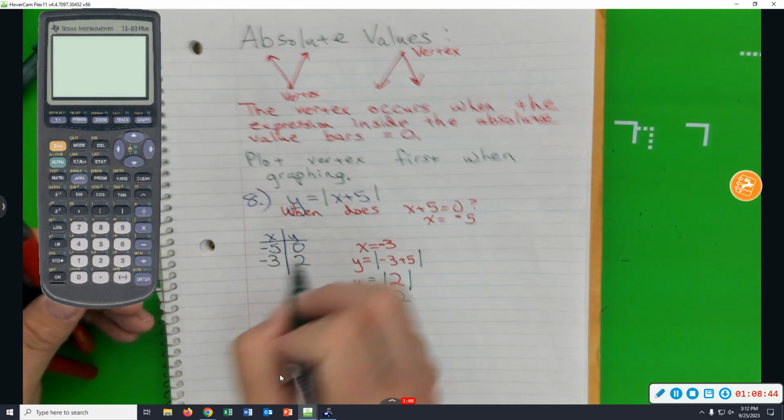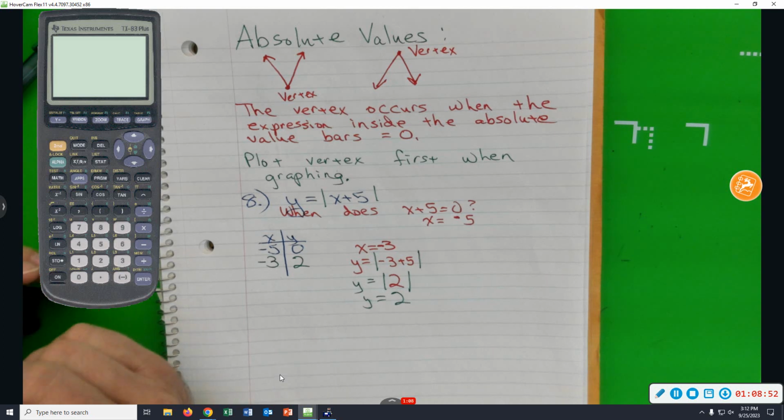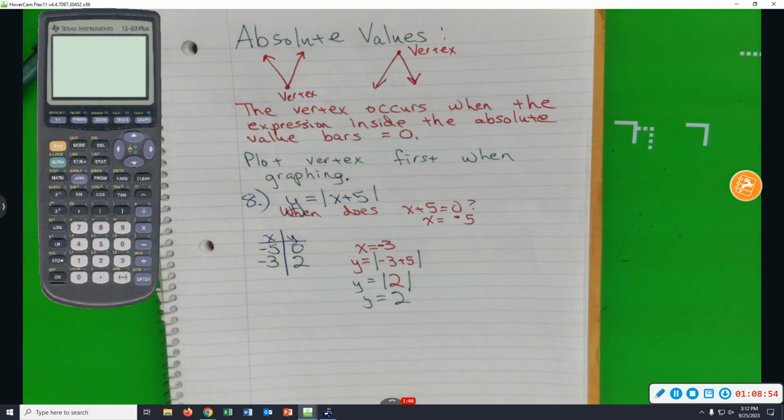Give us y equals positive 2. Any questions there? We don't need 3 points for the absolute value tool. Number 5, they had us getting 3 points, but we didn't need it.